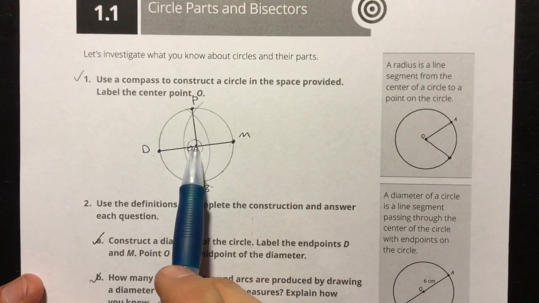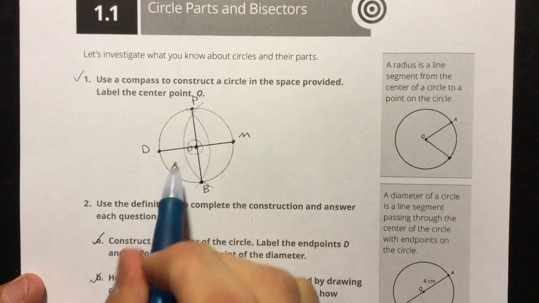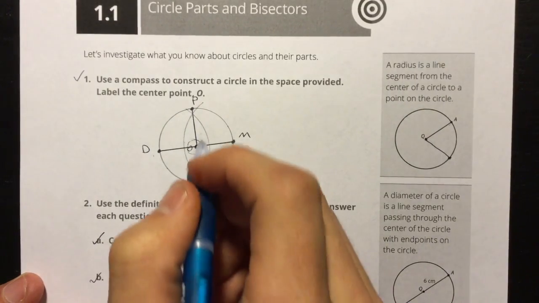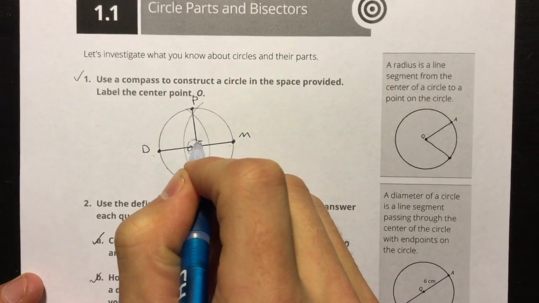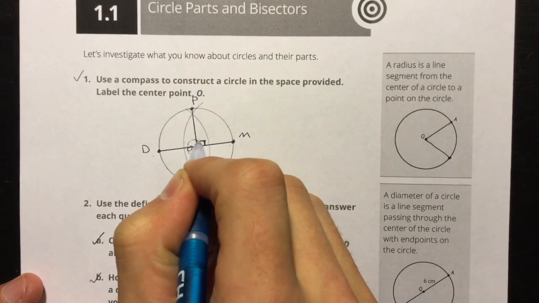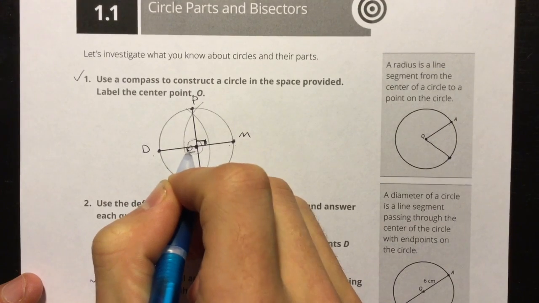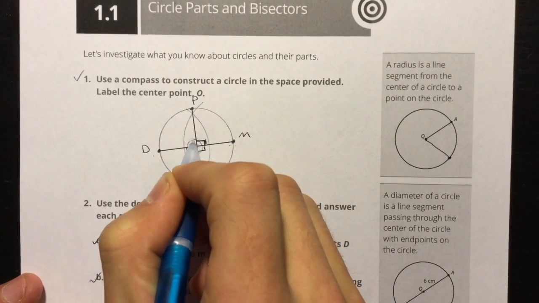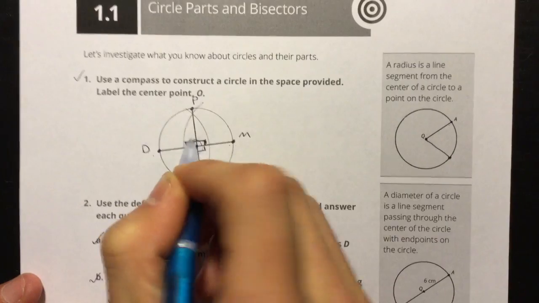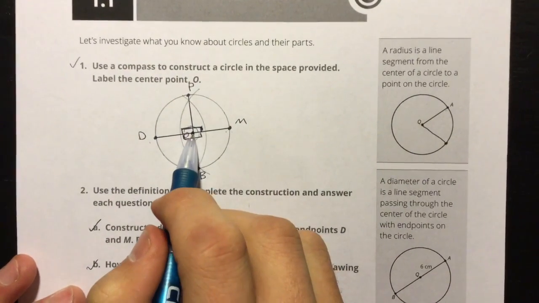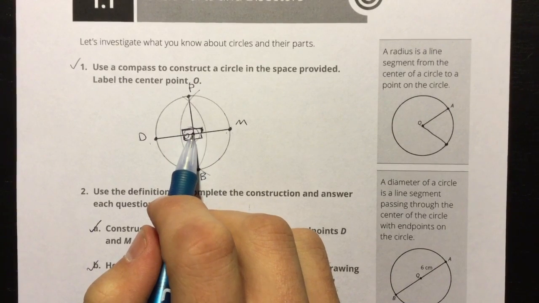Okay, now we know that we've made a perpendicular bisector, so I know that line segment PB from top to bottom here is perpendicular to line DM because we made it perpendicular, right? And so that means that this opposite angle is also perpendicular. That means that all of these angles, okay, are 90 degrees. So when we talk about central angles, remember a central angle is an angle whose vertex is in the center of the circle.